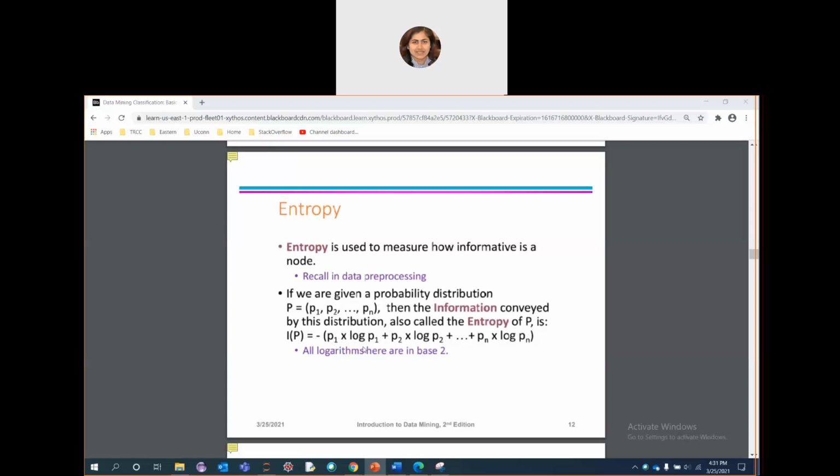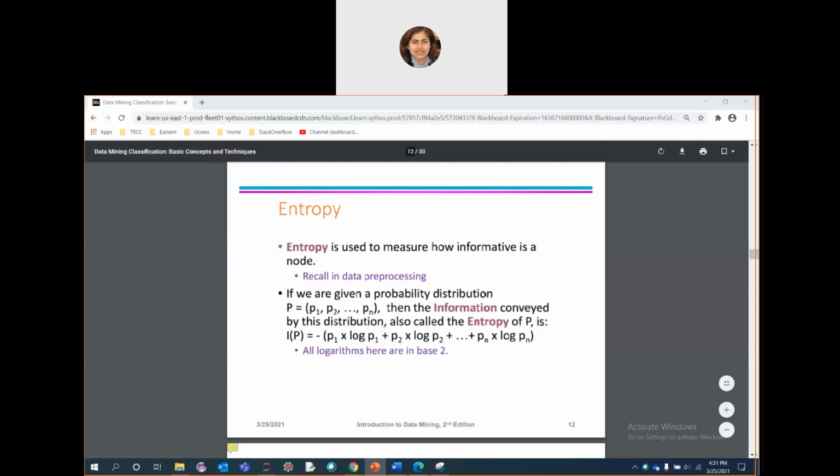If P1, P2 up to Pn are the probabilities of various classes, suppose there are n classes in a dataset, then the entropy of the given samples will be calculated this way: negative of P1 log P1 plus P2 log P2, and so on, and here the log base should be 2. Don't use any other base, otherwise it will give you wrong answers.